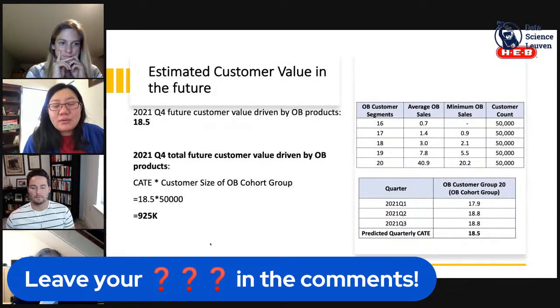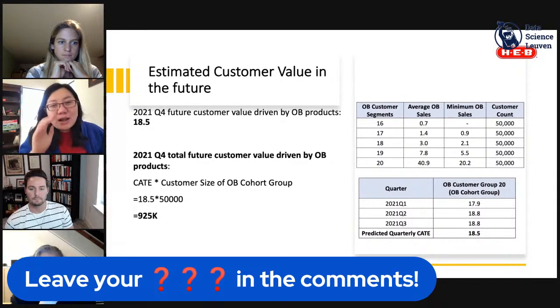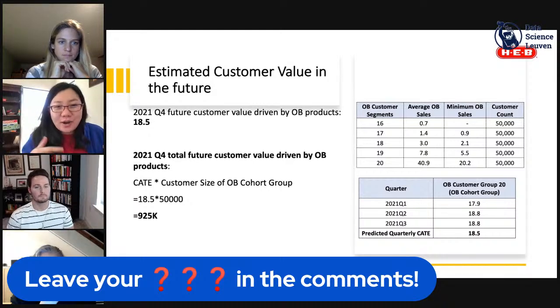Based on what we delivered to our stakeholders, they think that's great, and also because we focus on some products with HEB private labels. The results from Causal ML and the fixed effect models are not very close, but at least the result from Causal ML, we think is reasonable and makes sense.